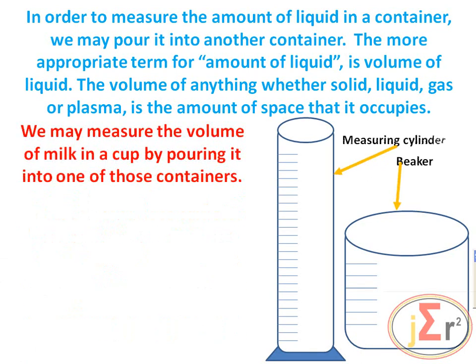We may measure the volume of milk in a cup by pouring it into one of those containers. So if we have an amount of milk in a cup, we pour it into this container or this container, and we will be able to tell the volume of the amount that we have, which is the volume of the milk, or if it is water or some other liquid.